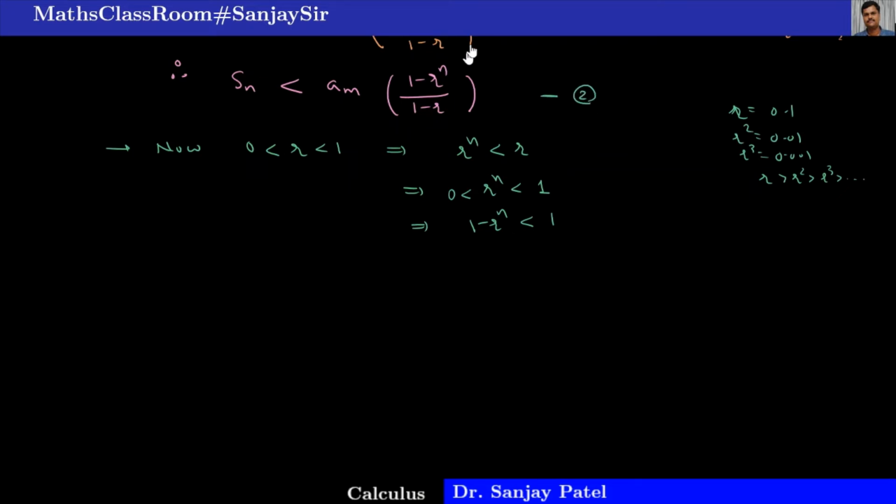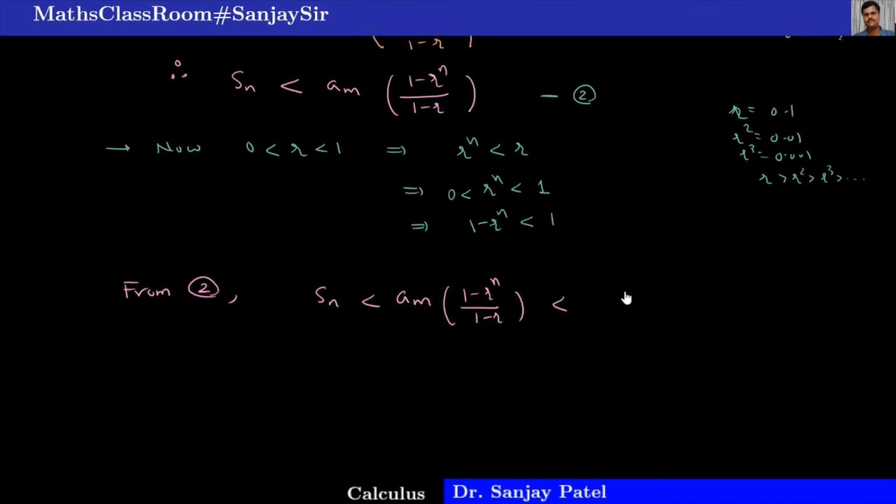So from result 2, what I will get is S_n is less than a_m into 1 minus r raised to n upon 1 minus r.